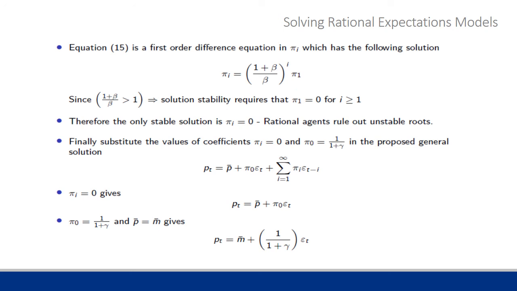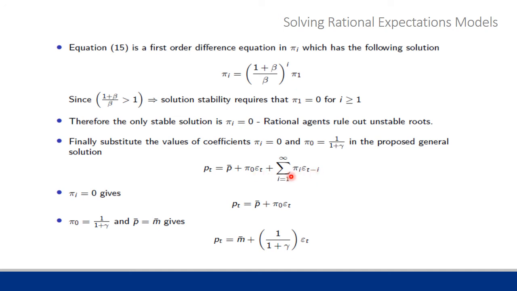Now, with the values pi I is equal to 0 and pi 0 is equal to 1 over 1 plus gamma, we can put those back into our proposed general solution to get the solution for the price level. So remember, our proposed solution was P equal to P bar plus pi 0 epsilon t plus this stream of coefficients attached to the shocks in the past.